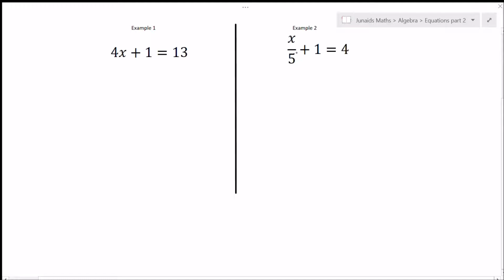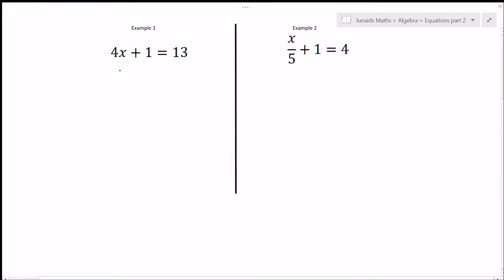Whereas in the second example, we can see a fraction, and this bar means a division sign. So in this two-step equation, we will see two signs, or there will be a times sign which can be hidden and we can't see it, just like in this example here.